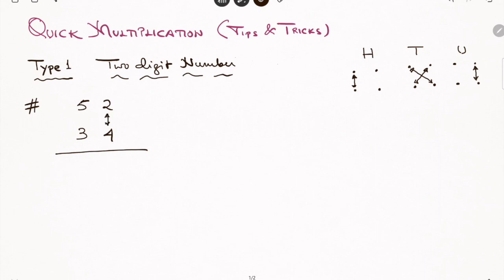That is 4 into 2 will give us 8. Then we carry out cross multiplication and we add those two. So 5 into 4 is 20 and 3 into 2 is 6. So 20 plus 6 gives us 26.